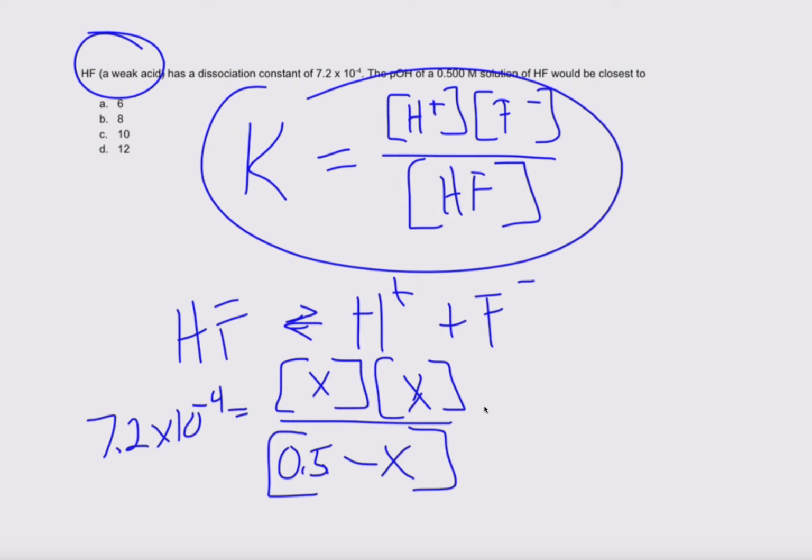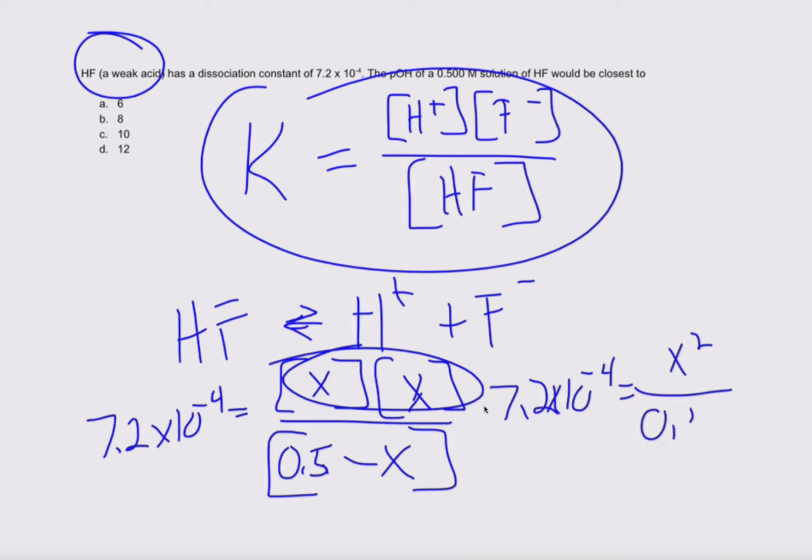So we're going to say that 7.2 times 10 to the negative fourth equals x squared, right, because we had x times x over here, over 0.5, because the x that we're taking away from the 0.5 is really small. So we're going to say close enough that it's going to be 0.499999 something. Close enough to 0.5 that we're going to leave it as 0.5.